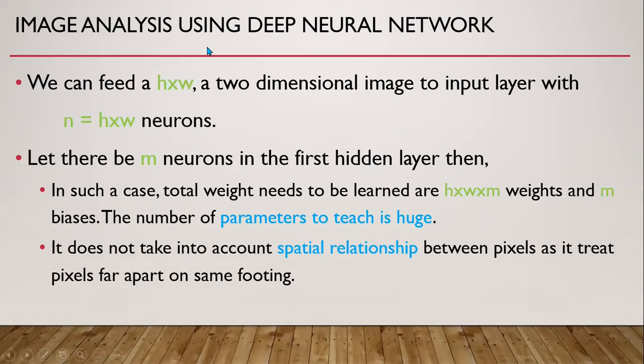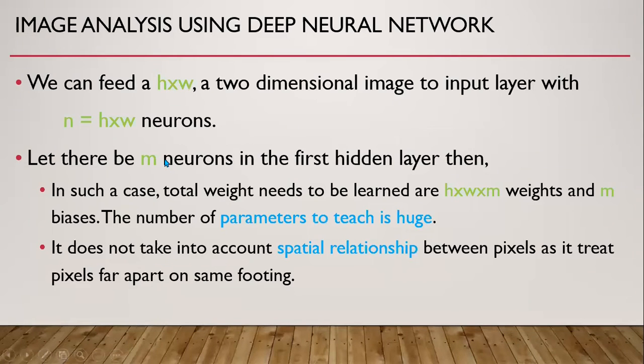Image analysis can be done using a usual deep neural network. For that, we can feed an image with dimensions h and w to the input layer with n equal to h multiplied by w number of neurons.